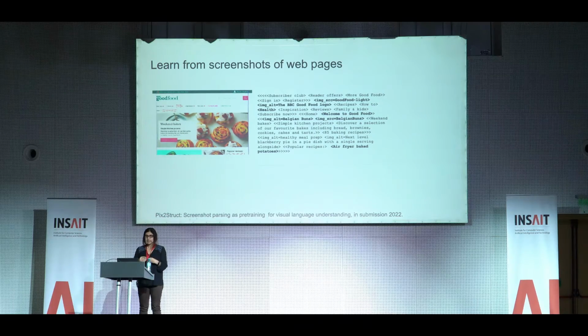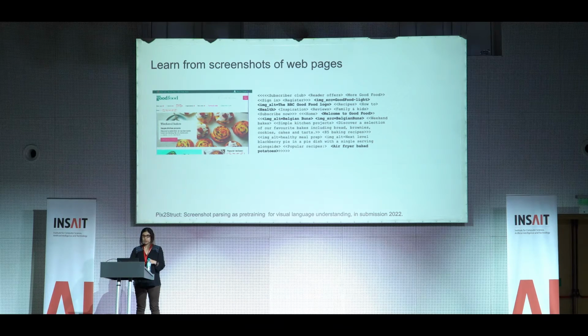And the model is trained to generate a simplified HTML of the image, which will tell us what the words in the image are, and also gives us cues about the grouping of the elements, the hierarchical structure, and also there are signals from captioning. For example, there is alt text, Belgian buns, that tells us there are buns in this image.